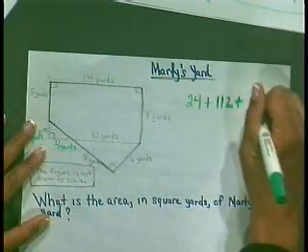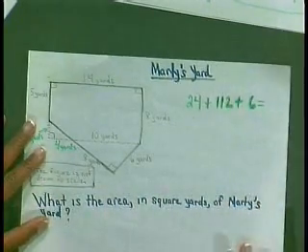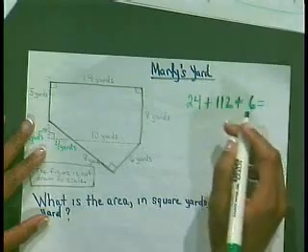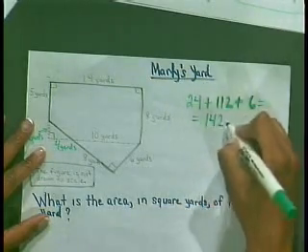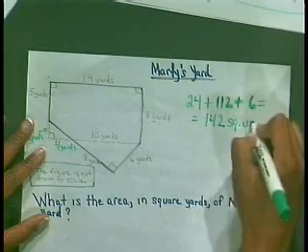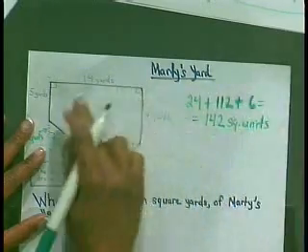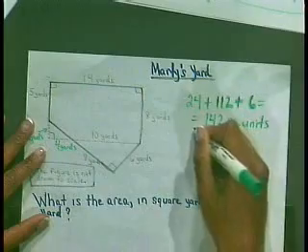If we add them all together, we get 142 square units as our total area for the entire figure.